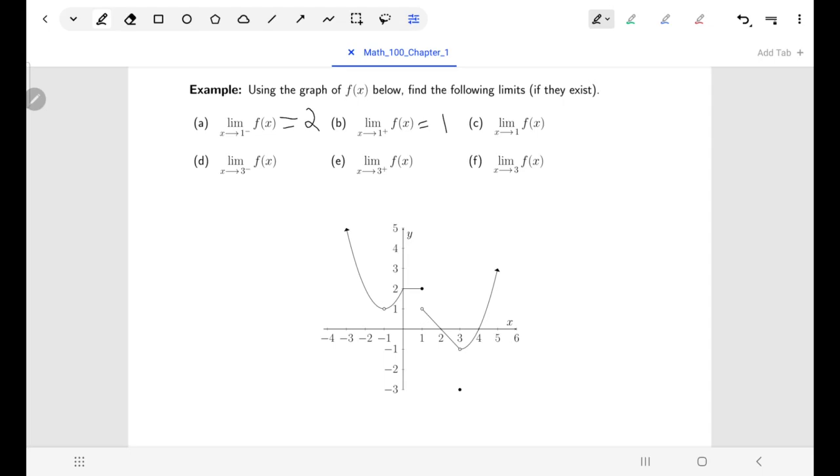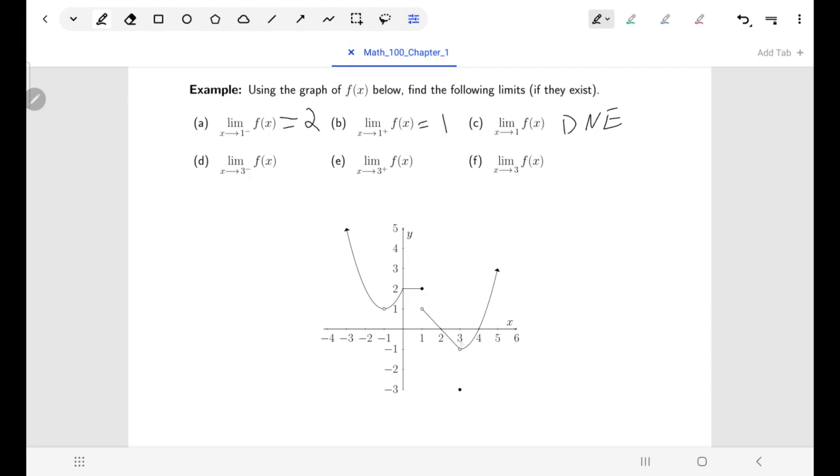And if you ask me just overall, what about the limit as x approaches 1, I would say, well, the limit doesn't exist. We're not approaching the same thing on the left and the right-hand side. And you can see now why. We can say formally that limit doesn't exist because on the left side we approach 2, and on the right side we approach 1. The left and right-hand limits aren't the same.